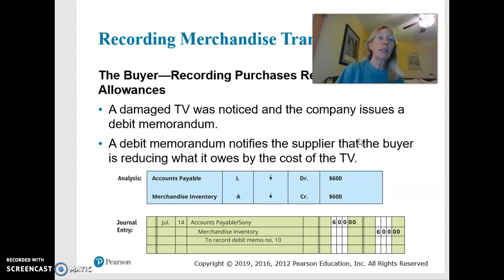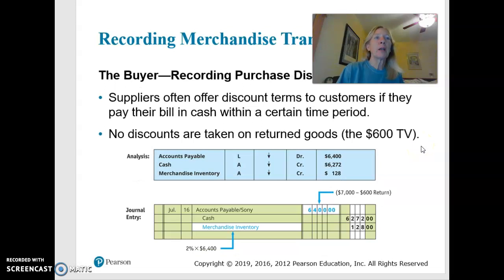So you're Walmart, you're selling TVs, one's broken, it goes back to the supplier. And so that has to be taken off of your accounts payable. You no longer owe money for it, and it also decreases your merchandise inventory. So that is on the buyer side of things. So just keep that, one more thing to remember.